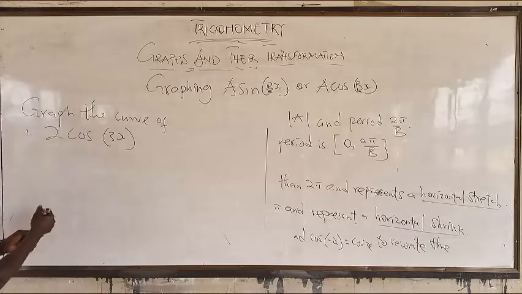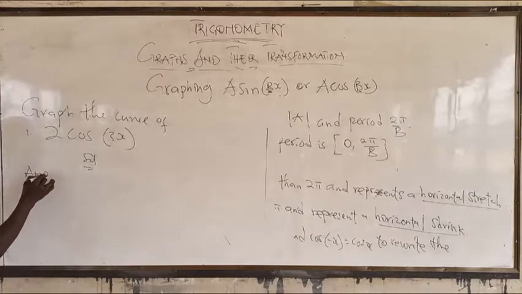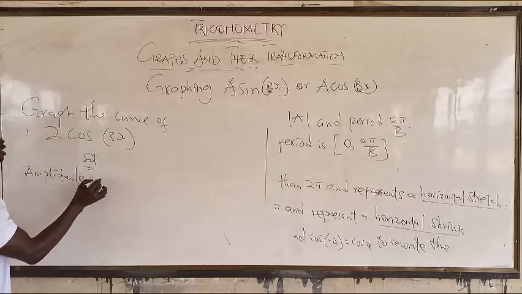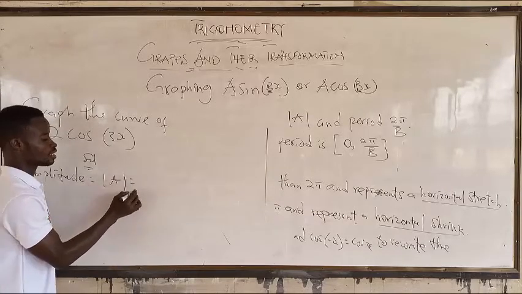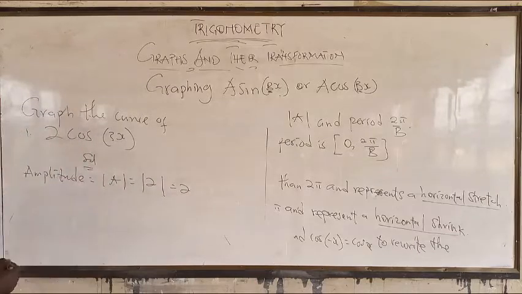So here, simply, you can see that the amplitude is going to be the absolute value of A, which is 2. So the amplitude is 2.